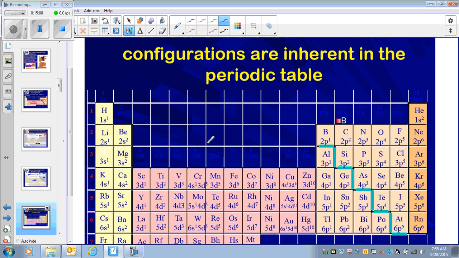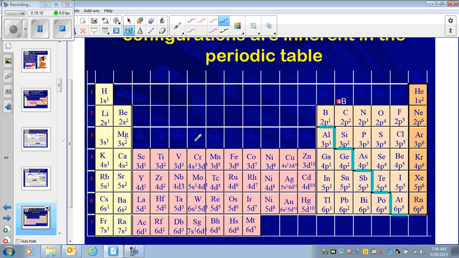As I said, the periodic table can also be divided by the energy levels or sublevels. So elements in group 1 and 2, or 1A and 2A, are called S block elements. S block means that their s sublevel is partially filled.